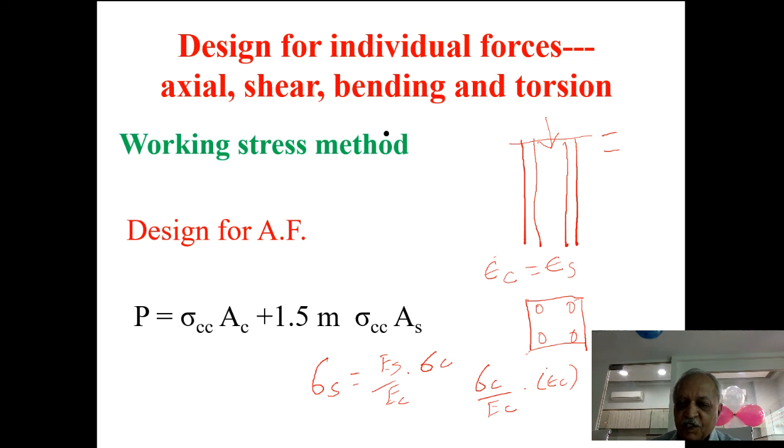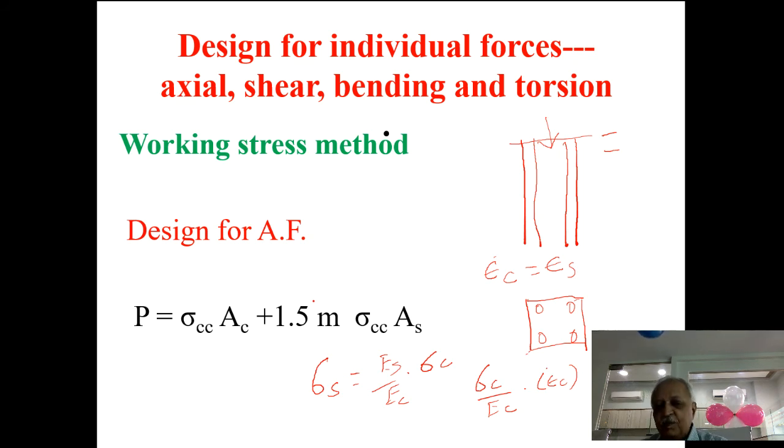That modular ratio is given in the code itself, or different sources are available. Generally it is between 7 to 10 for the normal steel that you have got. Though the modular ratio is maybe 5 to 10 times, the permissible stresses in steel are much higher.